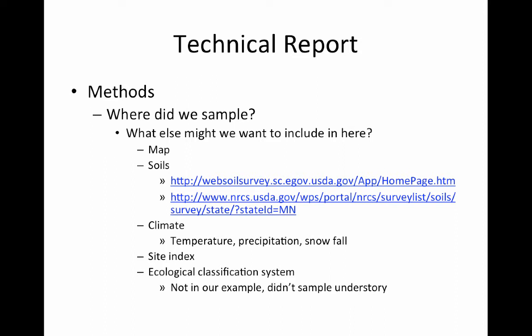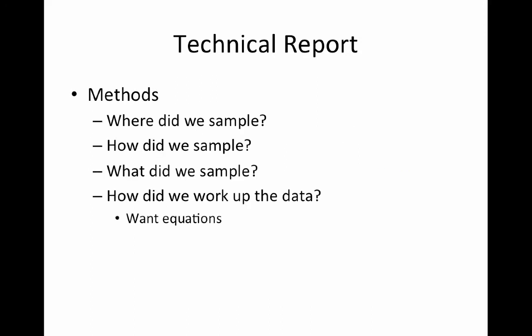Not exactly in our example, since we didn't sample the understory, but these are all the important details on where. Also, how did we sample? What tools did we use? What did we sample? What kind of plots did we use? Do we use fixed or variable radius? And why? And then how did you actually analyze or work up the data?